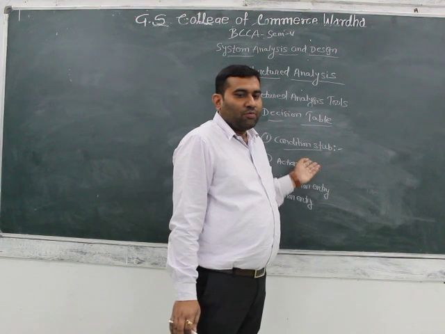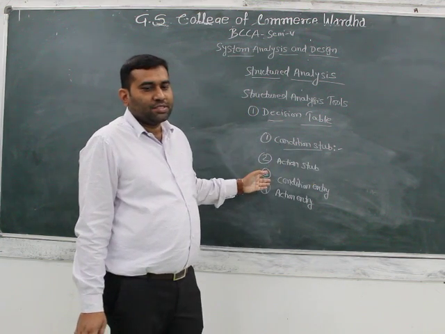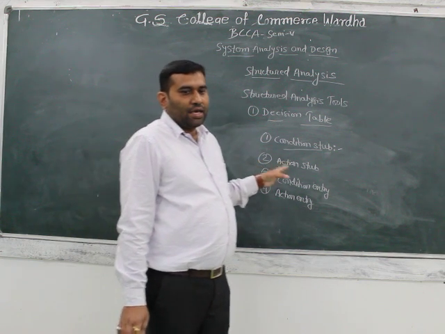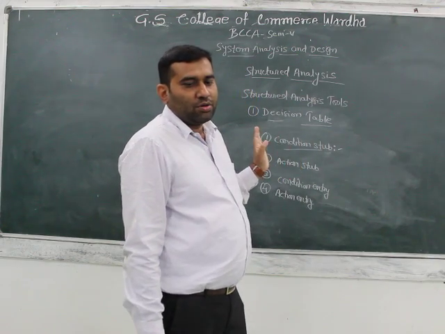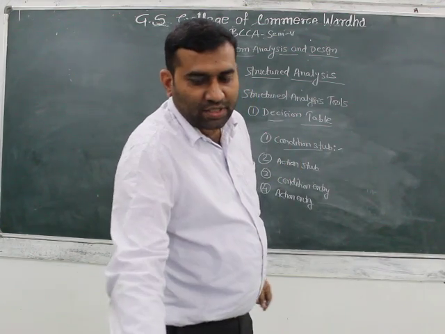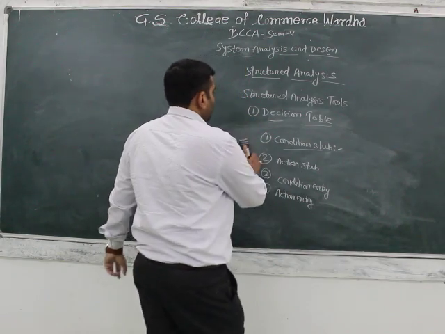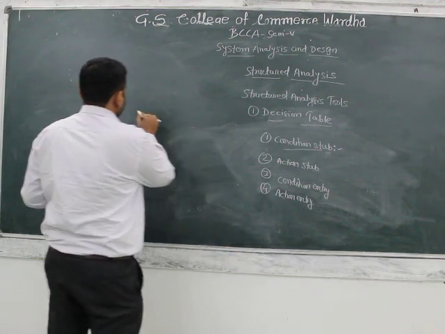The rules are: Y shows the existence of the condition, N represents the condition which is not satisfied, and a blank means the action is to be ignored. For this example, we consider which conditions the condition stub is used for.